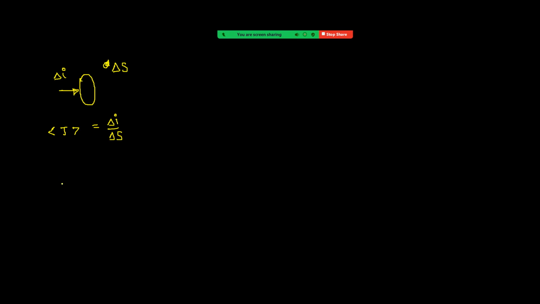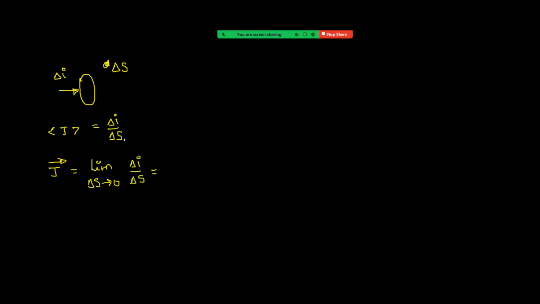After having this, now we define current density as limit delta S tends to 0, delta I by delta S. It is almost the same as first we discussed average current, then we discussed current, right?